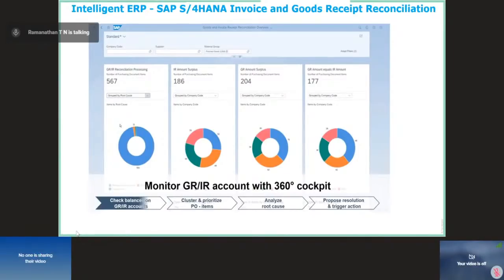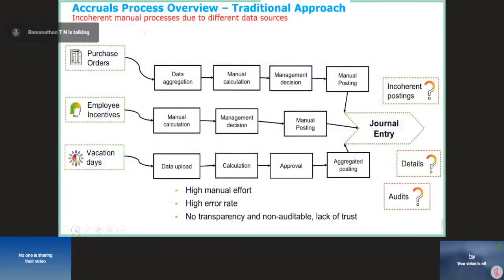So that's the level. Or this is another example, of the accrual process, right? Typically, how do organizations work on accrual processes without accrual management? They may have to do certain manual judgmental valuations and all that. Then they will look at challenges on incoherent postings and all that.